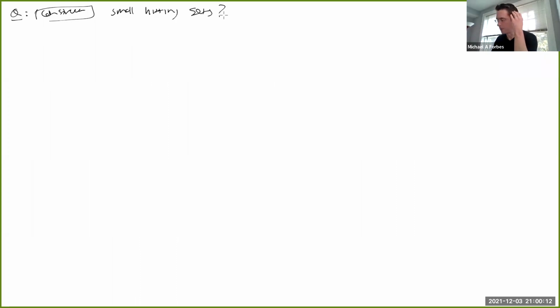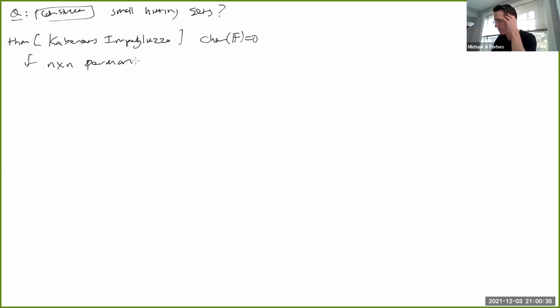Okay, and so what is known? Well, one of the celebrated works in this area is the work of Kabanets and Impagliazzo, which for convenience, I will be stating in characteristic 0. So suppose that the n by n permanent, right, that's the hard polynomial that's been pervading this semester, we expect it to be very hard.